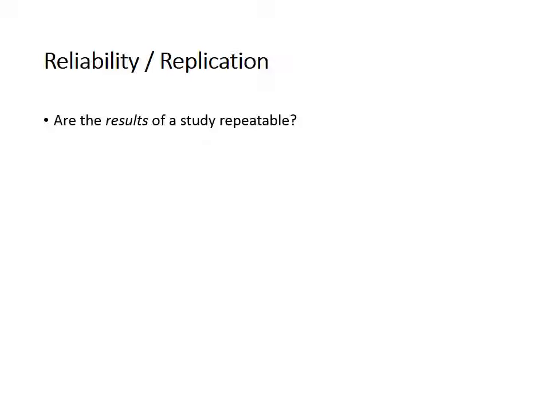If somebody took your research and used the same methods, the same questions, could they get the same findings? It's less likely in social science because it's about the context, it's about the situation, it's about the interaction.